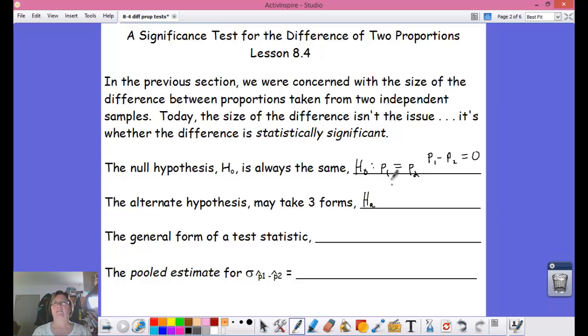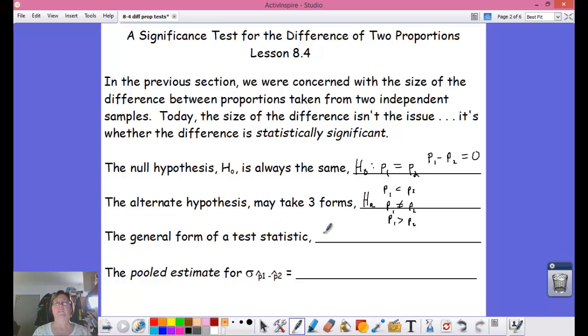We can have P1 less than P2, P1 not equal to P2, or P1 greater than P2. Less than, not equal to, greater than. Those are always the same three choices for the alternate hypothesis.